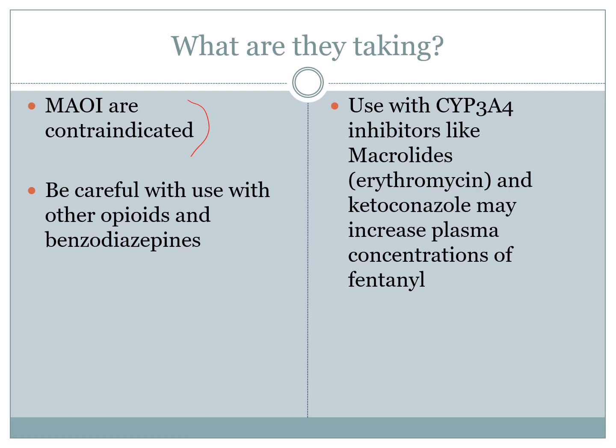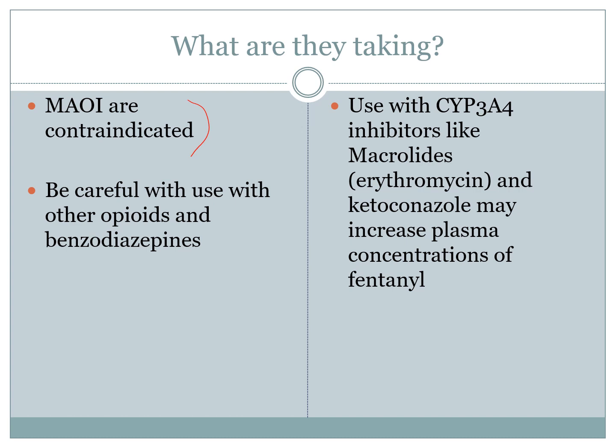So in the event you meet someone and they're on an antidepressant and you don't quite know what it is, it's always recommended to look it up, see if it does fit into the MAOI category, and if it does, fentanyl is definitely not to be given. Now, if you do give it, it actually increases the toxicity of fentanyl. Okay, so the reason it's contraindicated is because the toxicity associated with fentanyl will be increased on anybody who is taking MAOIs.